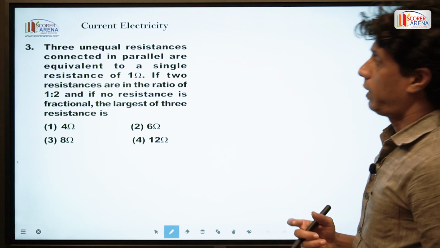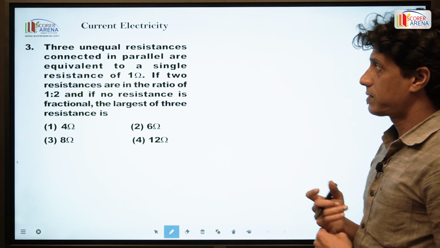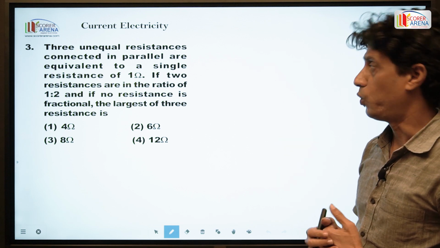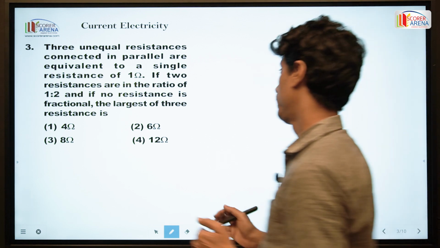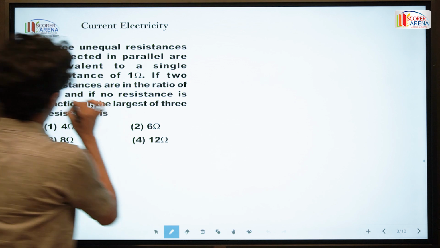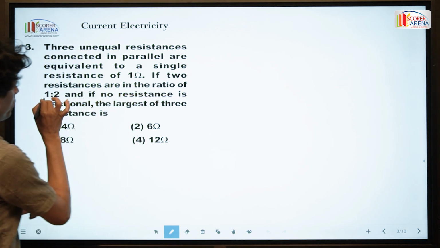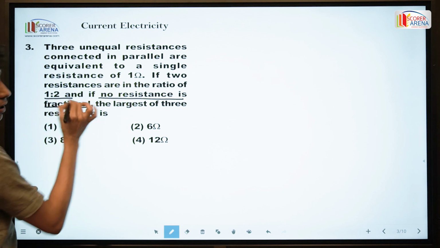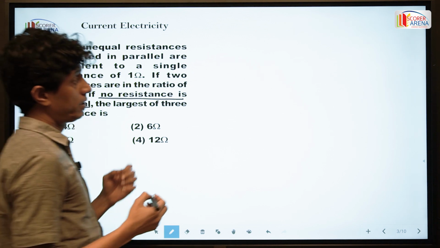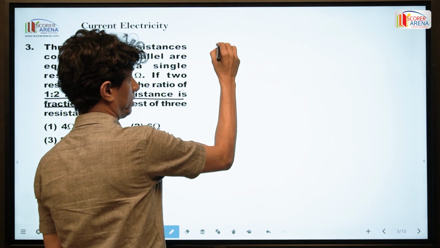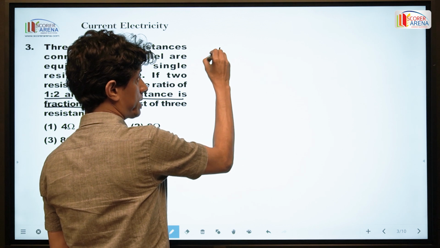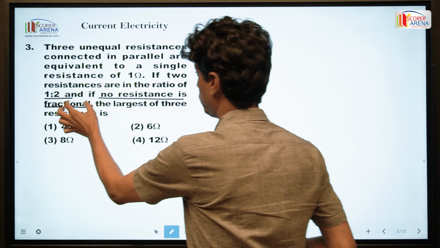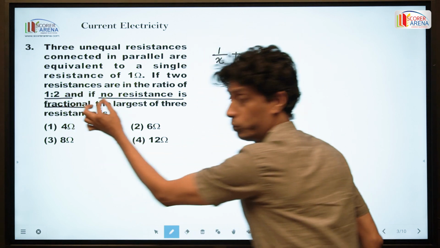Three unequal resistances connected in parallel are equivalent to a single resistance of 1 ohm. If two resistances are in the ratio 1:2 and no resistance is fractional. So let us say one resistance is X and the other two have the ratio 1:2.